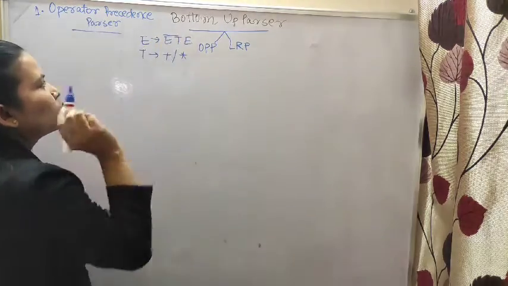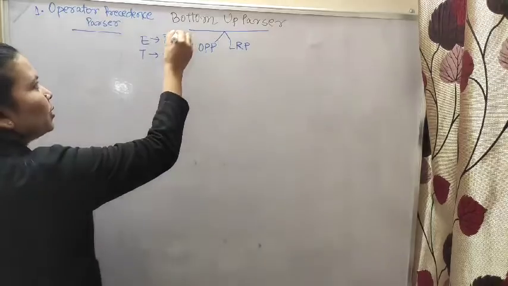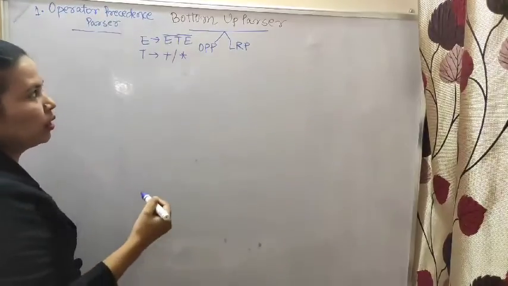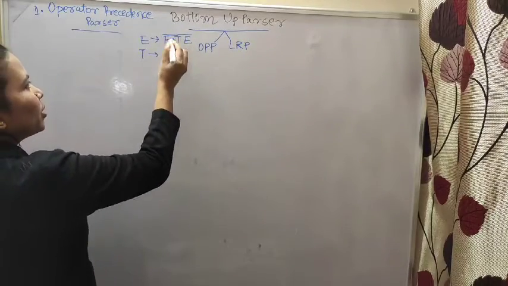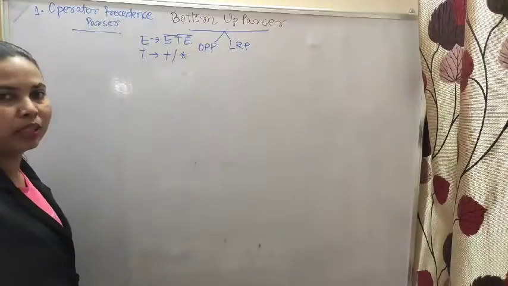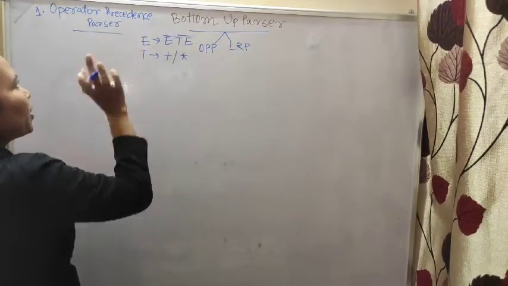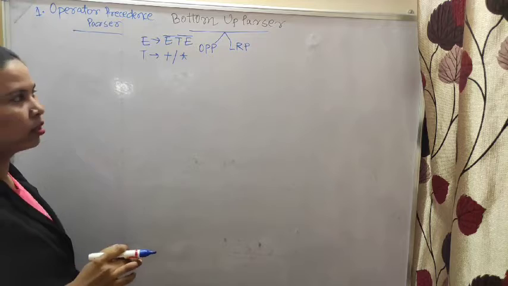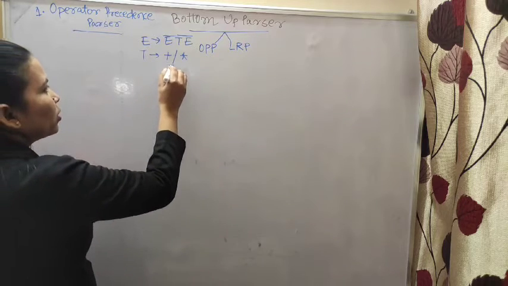E and T both are adjacent. Here T and E both are adjacent. These two adjacent variables, that means non-terminal variables, cannot be accepted by an operator precedence parser. So we will derive it.